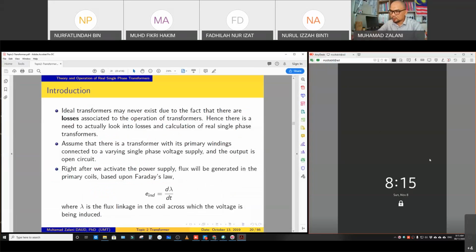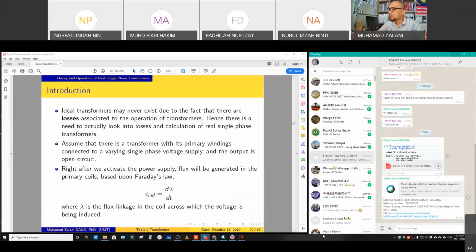Also in the WhatsApp group, I have shared lecture notes related to section 2.4, which is theory and operation of real single phase transformer. My handwriting has been shared with you, which is the lecture notes that I wrote last night.